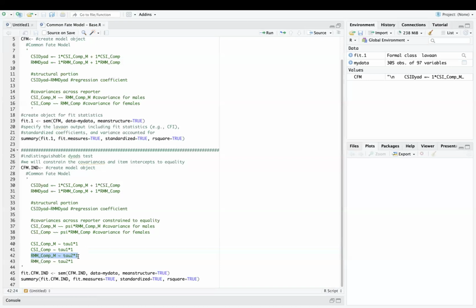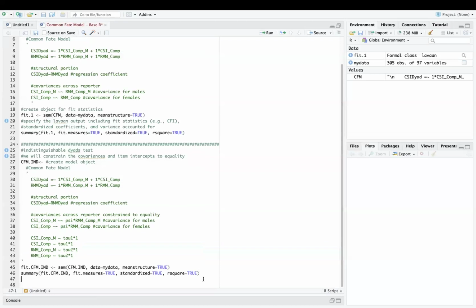That wouldn't make a whole lot of sense, and it's going to send your model all out of whack. So be sure you are constraining the item intercepts on the same variable just across dyad members, and you're doing that for both variables. And then I'm actually going to add one more piece of syntax here.